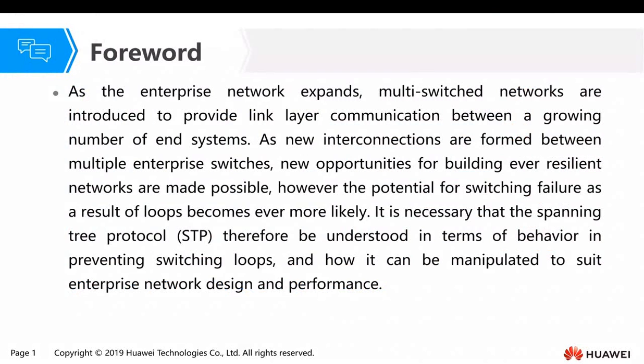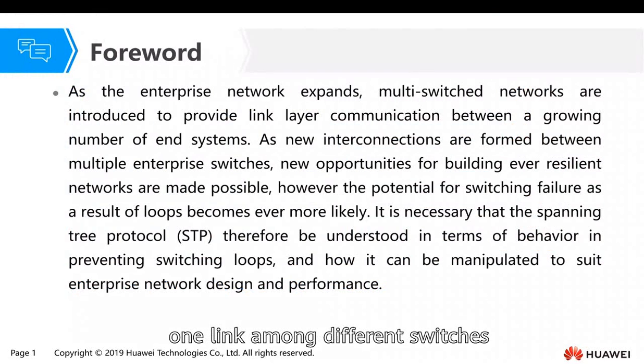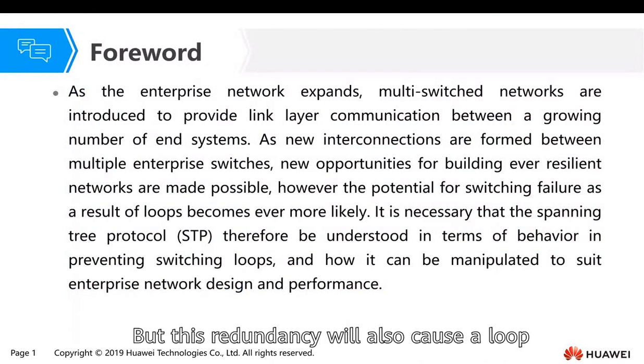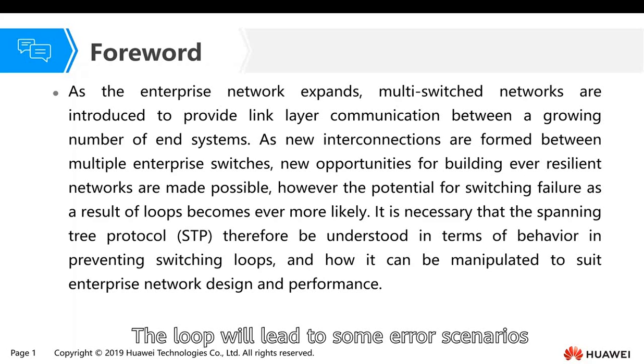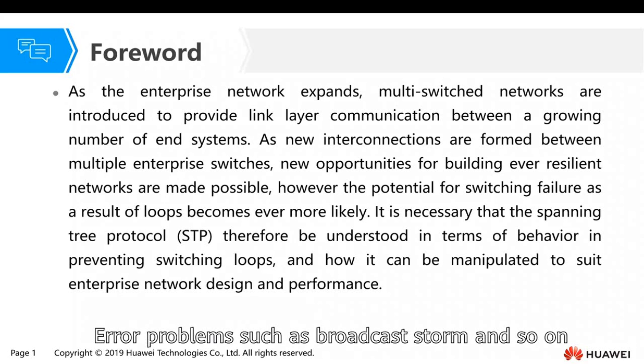So maybe we need reliability. We may connect more than one link between different switches. That's redundancy, but this redundancy will also cause a loop. The loop will lead to error scenarios, such as the broadcast storm and so on.